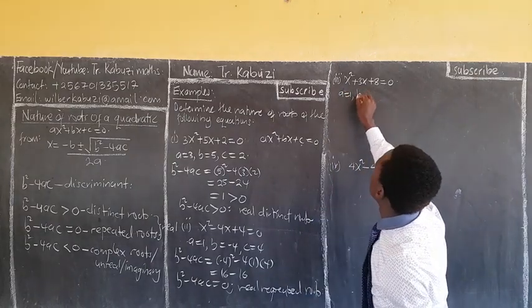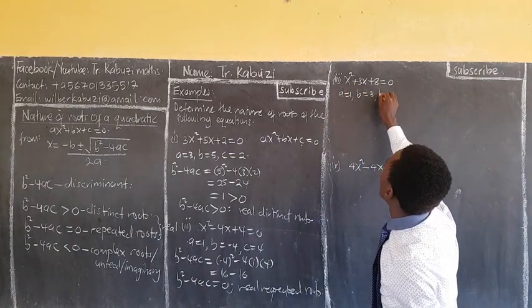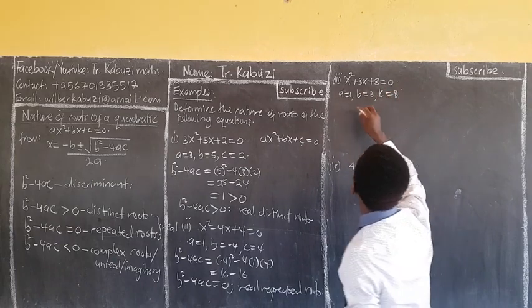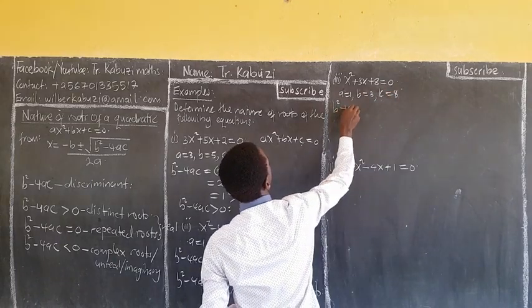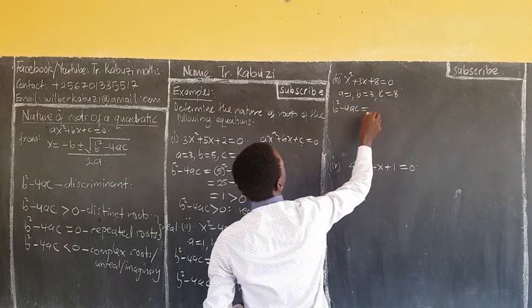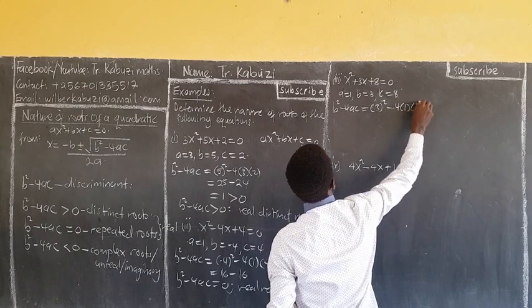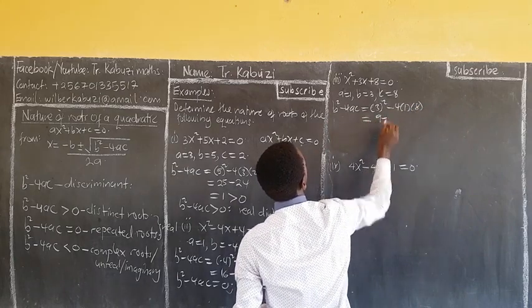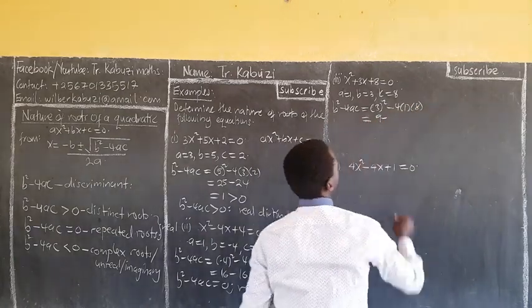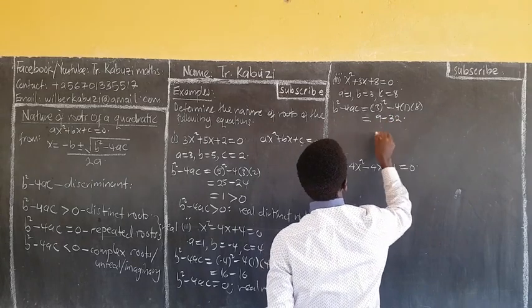When I come to this one, if I compare, my a is 1, my b is 3, and my c is 8. If I put in the discriminant, b squared minus 4ac, I have 9 minus 4 times 1 times 8, which is 32.